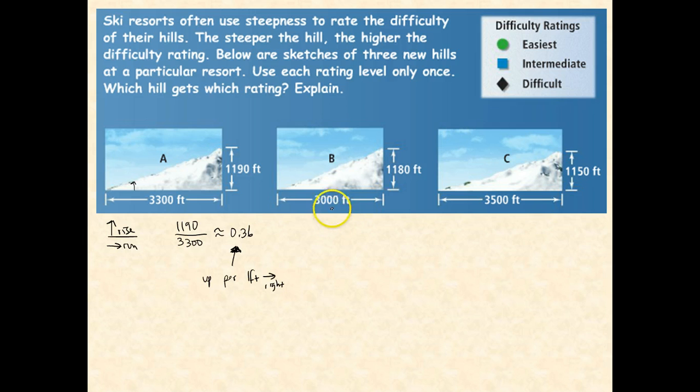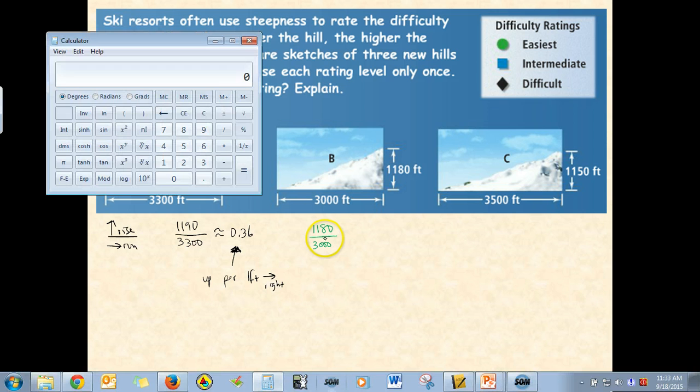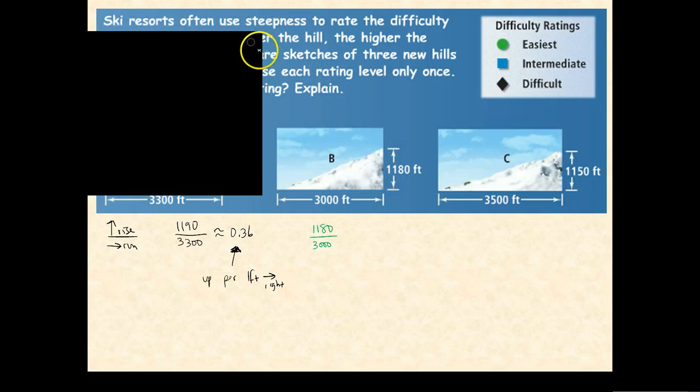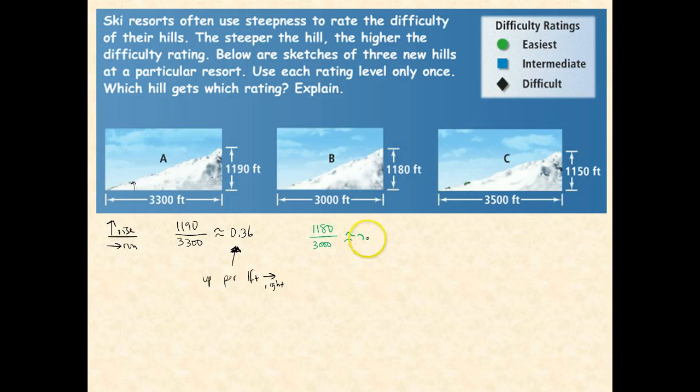So let's see what that number looks like for B. We go up 1,180 feet when we go over 3,000 feet. 1180 divided by 3,000 is about 0.39. So this is about 0.39, which means this is a little more steep than A is.